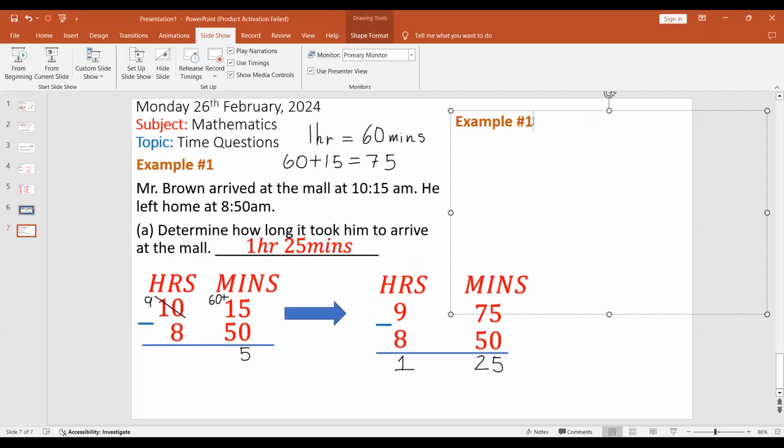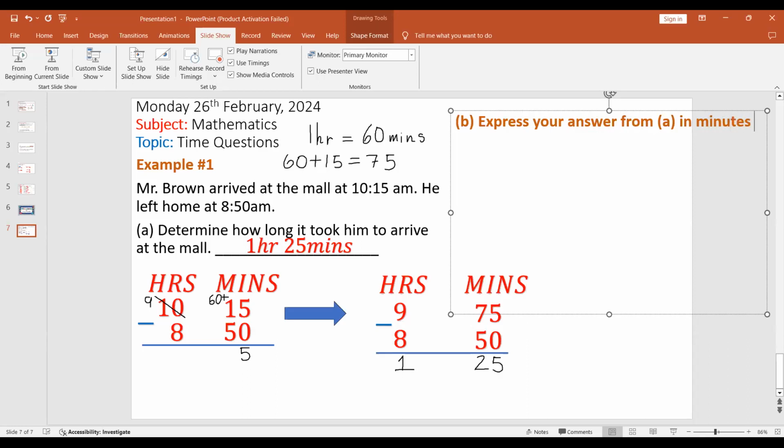Okay, so we have the next question. This is part B. Express your answer from A in minutes.